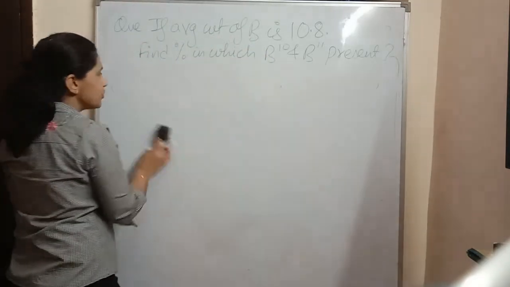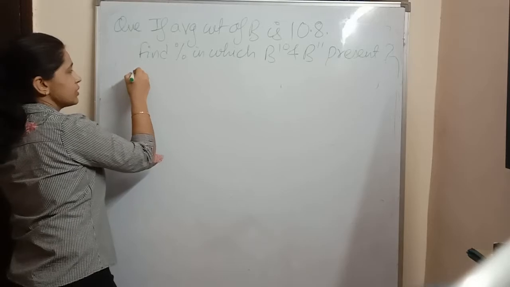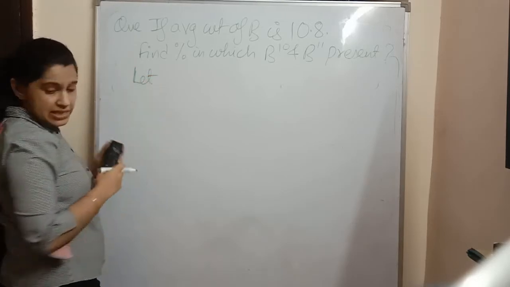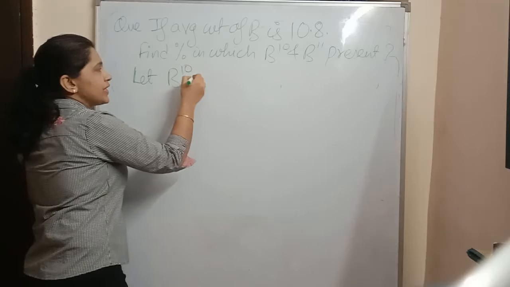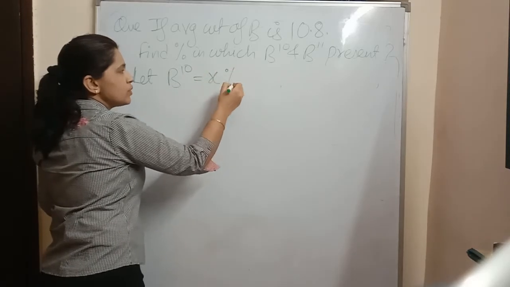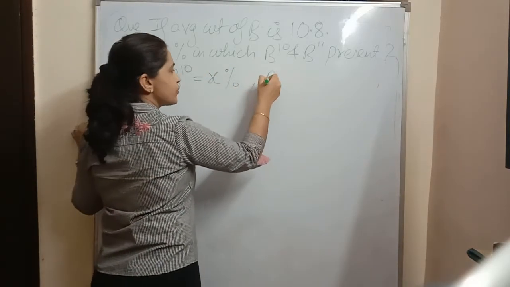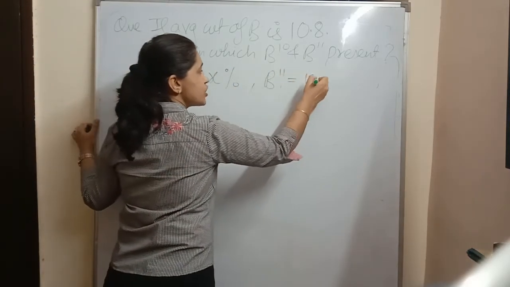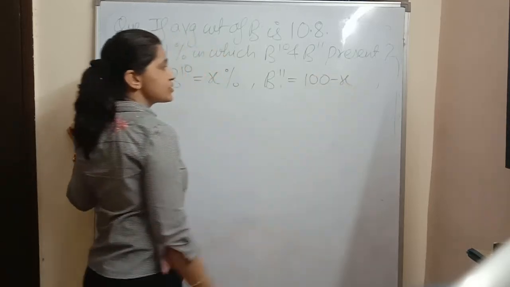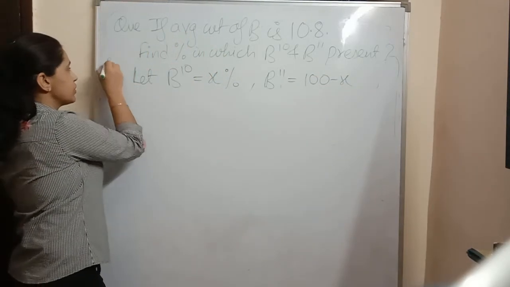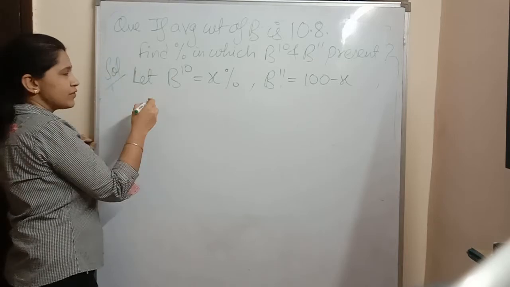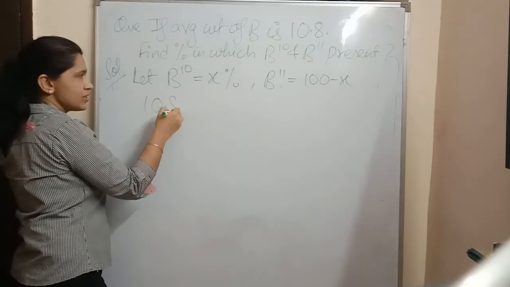So how will you do it? Let boron 10 be x%. The total percent is 100. So how much will boron 11 be? It will be 100 minus x, right? What is the average here? 10.8.